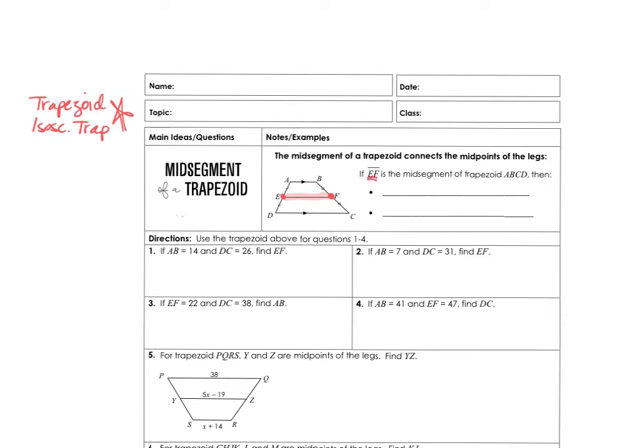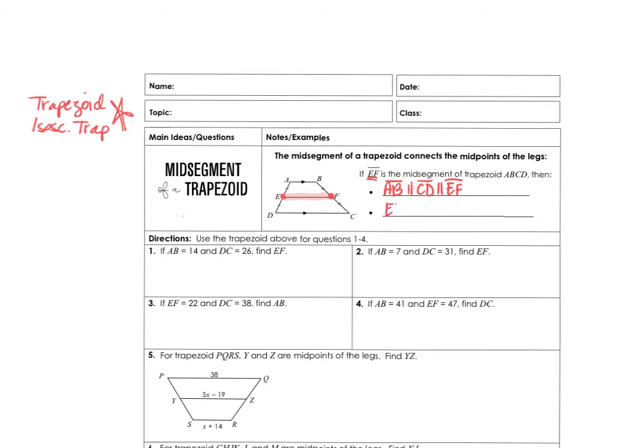So if EF is the mid-segment of the trapezoid ABCD, then here are some properties for you, okay? AB is parallel to CD, who's parallel to the midsegment, okay? So the parallel sides are also parallel to the midsegment, and here's the truth.